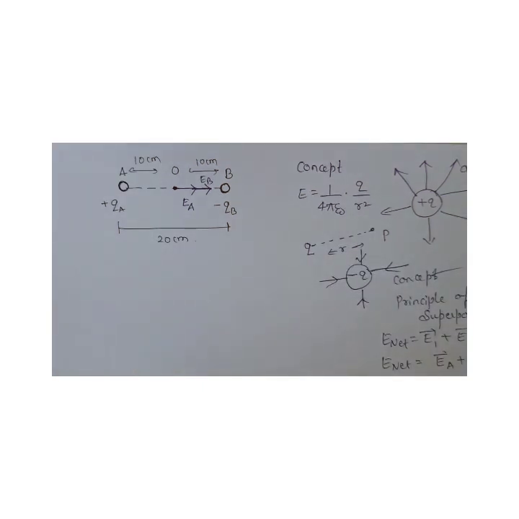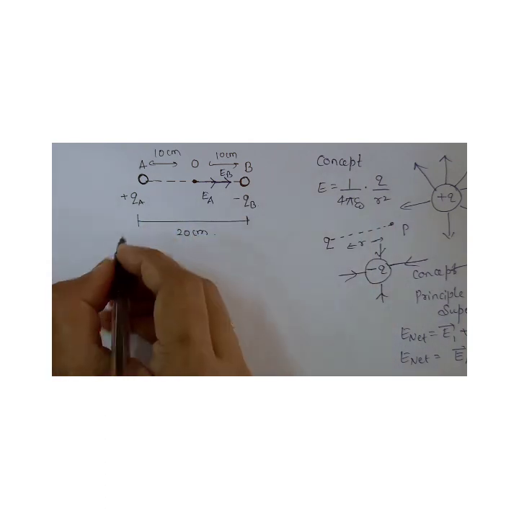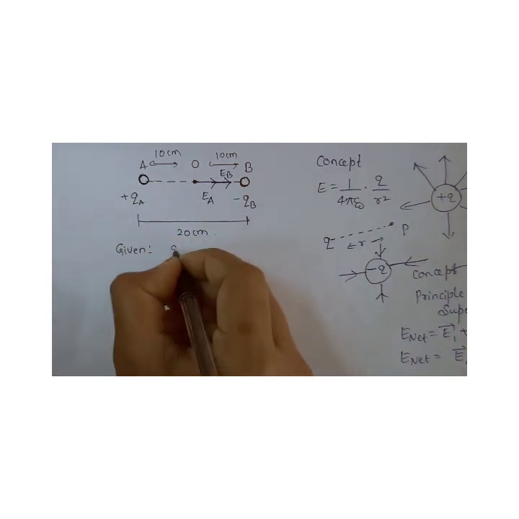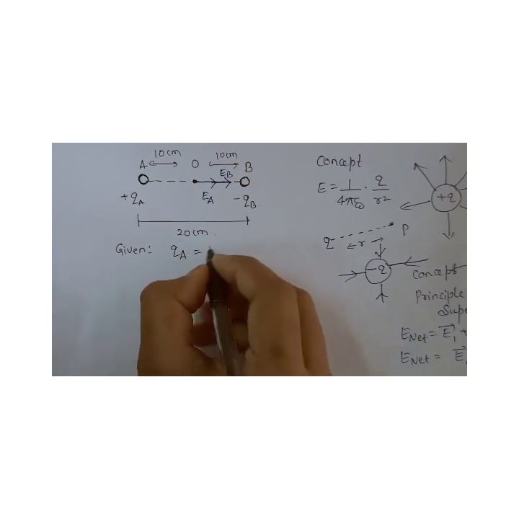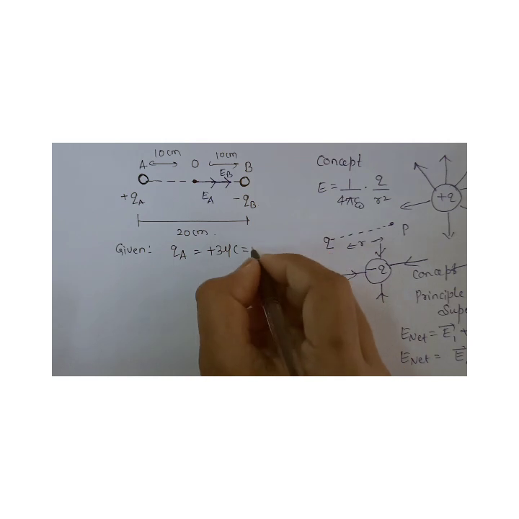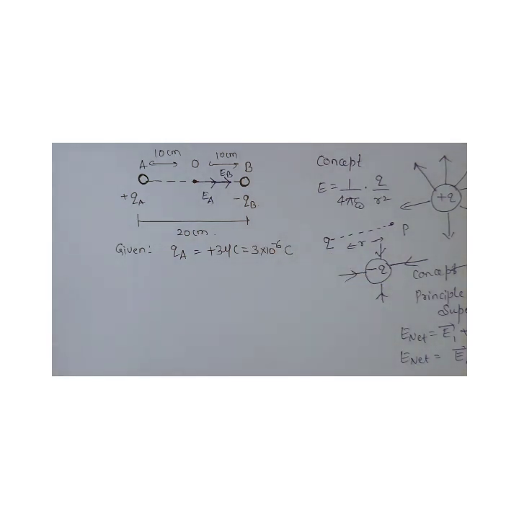So I hope now the concept is clear. So are we able to solve the problem now? Very simple now. Okay, start then. List out the given things. What is given? QA is plus 3 microcoulomb, so you have to take it in coulomb, 10 raised to minus 6 coulomb.